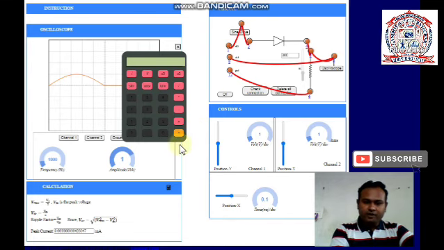So I subtract Vrms square, that is 0.25, minus Vdc square, that is 0.101.